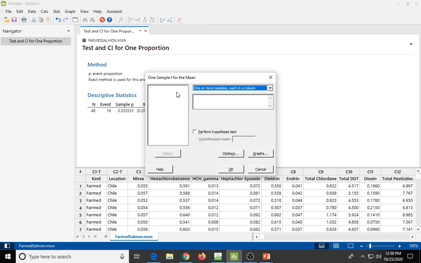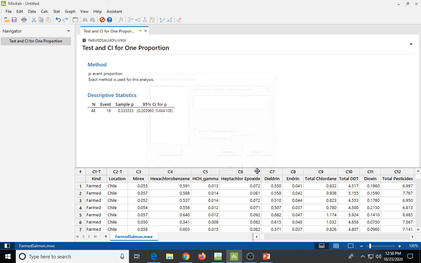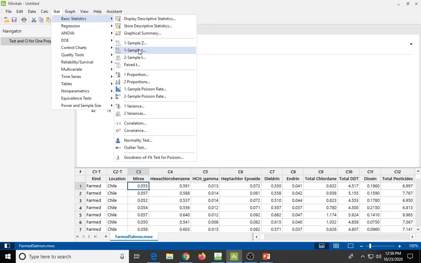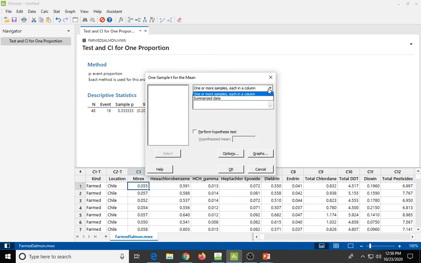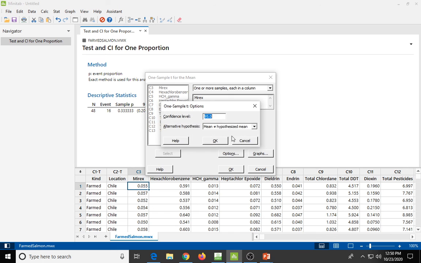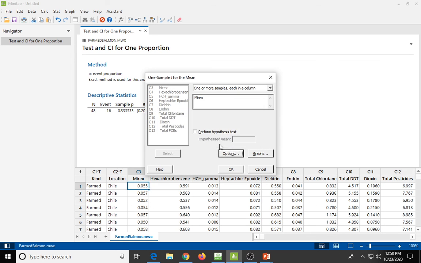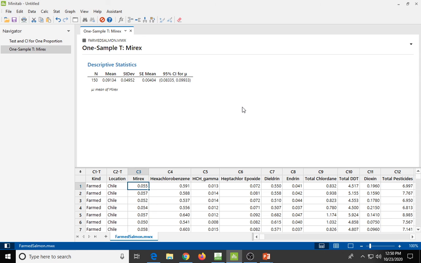I have to click in the box below that, and then make it pop up. I can change my confidence level, and I want to say that it's less than a certain value. And that can give me a confidence interval pretty quickly.